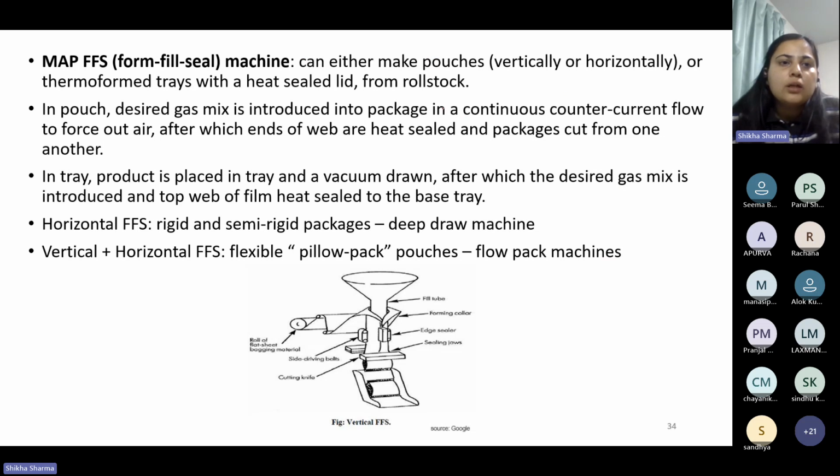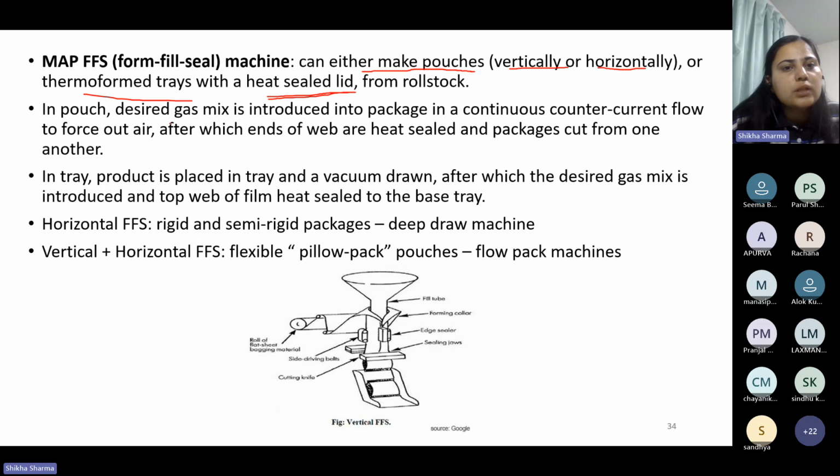Whereas form fill seal machines can make pouches and also thermoform trays. In pouches, we can have vertical and horizontal machines both. In trays, they further heat seal the lids and make completely sealed pouches or trays.